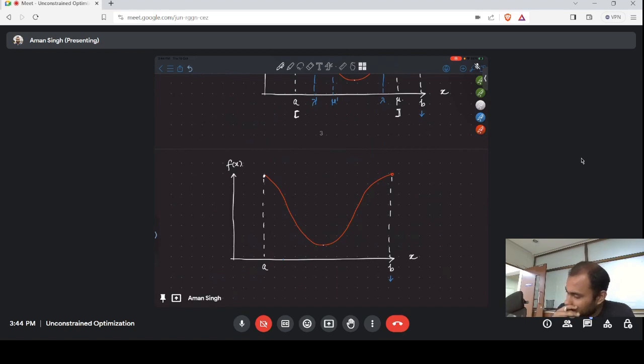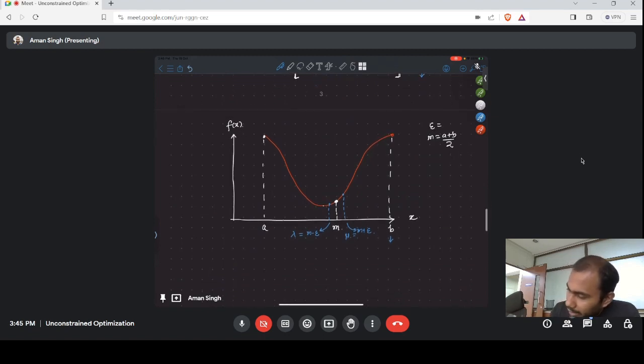But how do we get these points? First, find the midpoint of the interval, so m is (a plus b) by 2, and then we have some small number epsilon which we subtract from and add to the midpoint. So m minus epsilon we'll call lambda, and m plus epsilon we'll call mu.